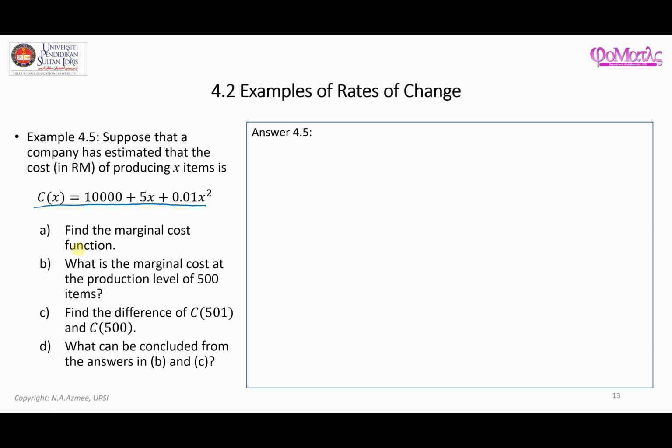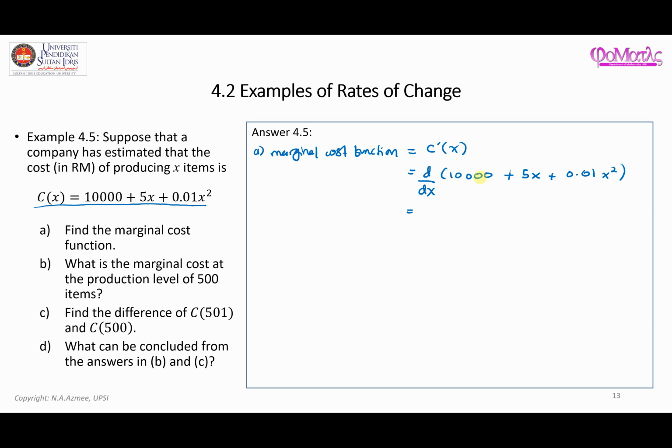In order to answer question A, you just need to differentiate this function with respect to x. The marginal cost function is just C'(x), which is equal to the derivative of the function 10,000 plus 5x plus 0.01x squared.